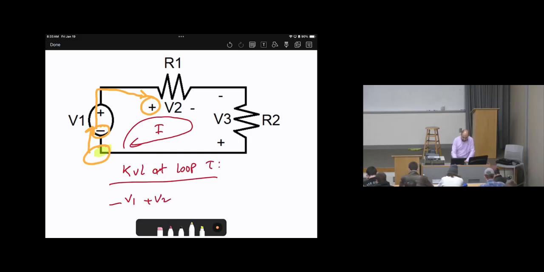Now I'm done with V2. Keep going. I hit the negative sign of V3, so I will put minus V3. Then keep going. No more elements. I'm back to the origin, so it equals 0.